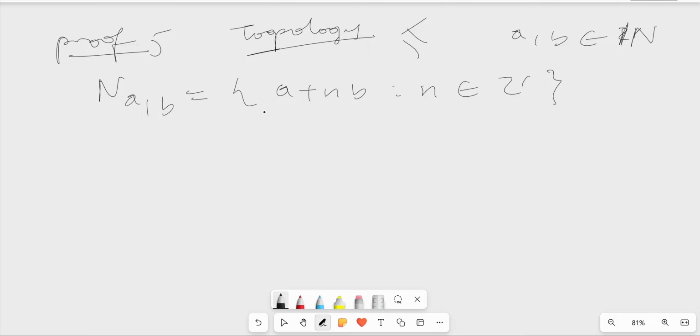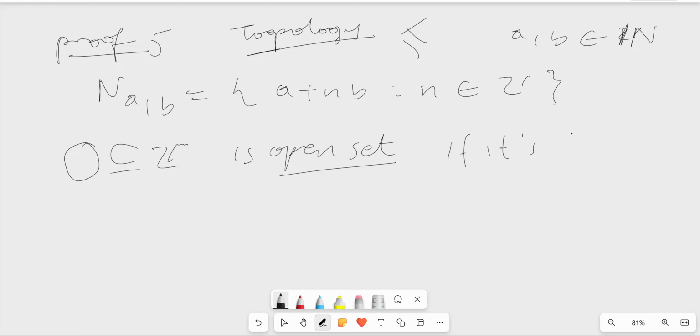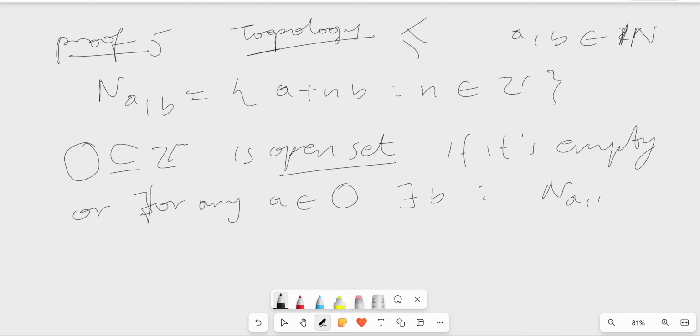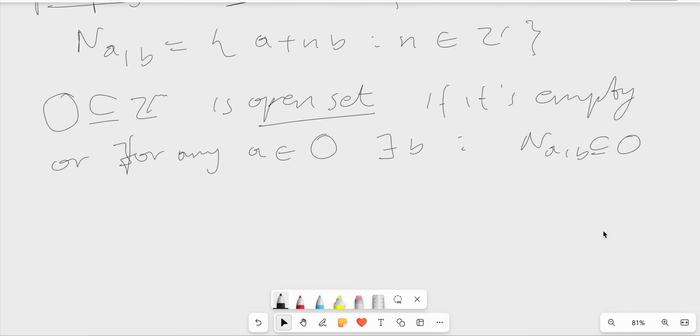And then from here we define our open set. Let's say a subset O of the integers is an open set if it's empty or, for any a in O, there exists b such that N_{a,b} sits in O, it's a subset.